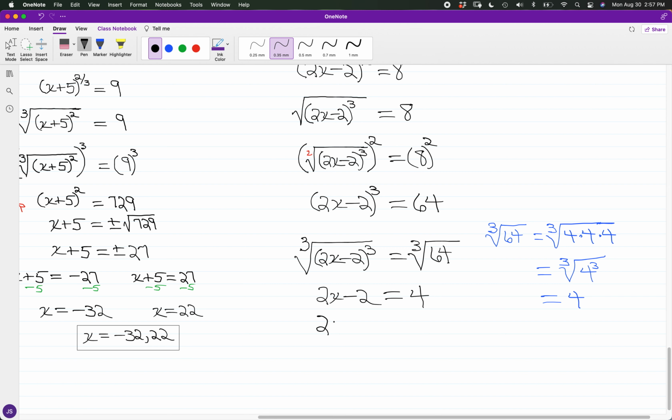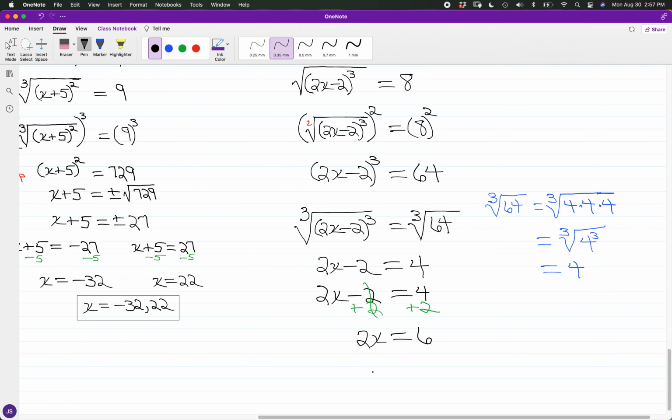And we have, upon adding 2 to both sides, 2x is equal to 6, and we have a division by 2.